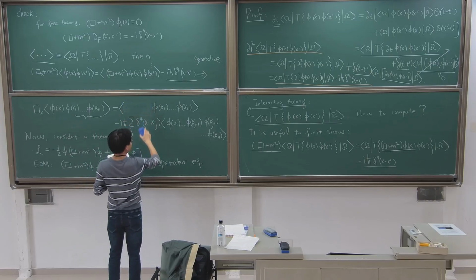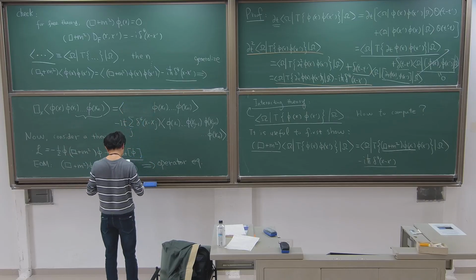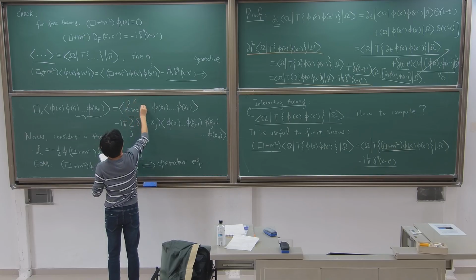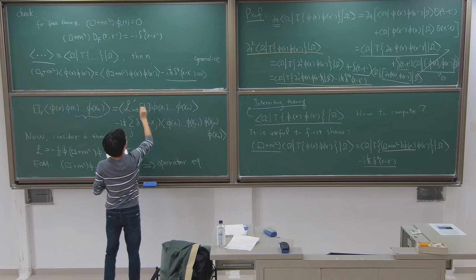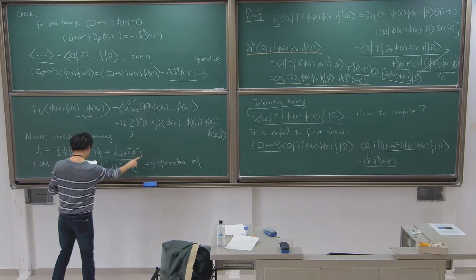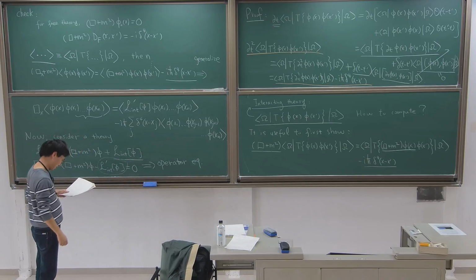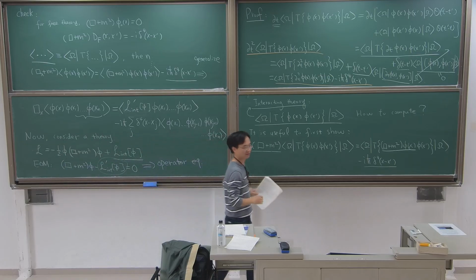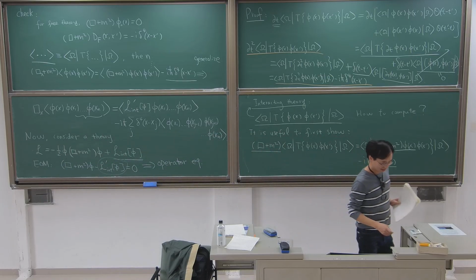The point is I can replace here by the L directing partial part. Just use the equation of motion and use this, and I get that one. So this is the equation we finally arrive at.